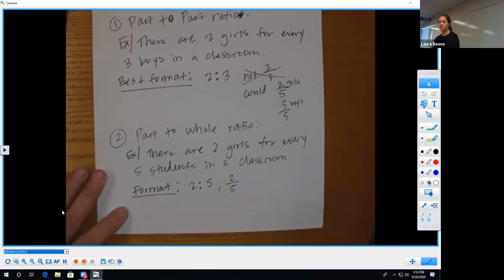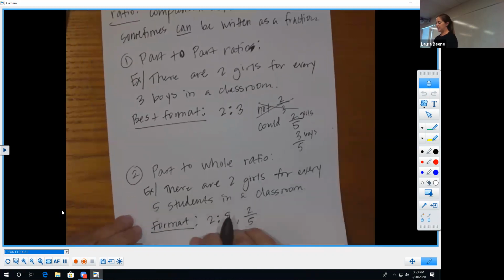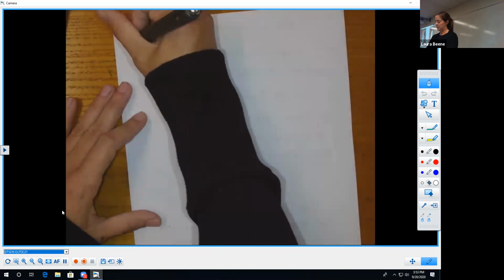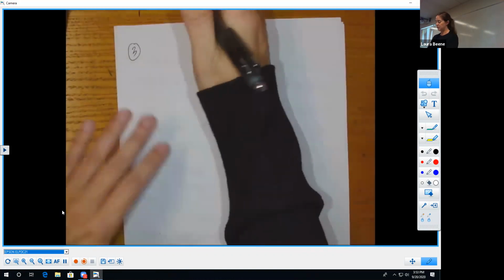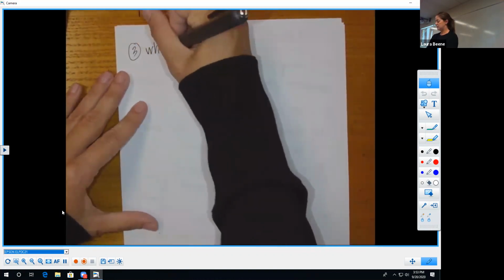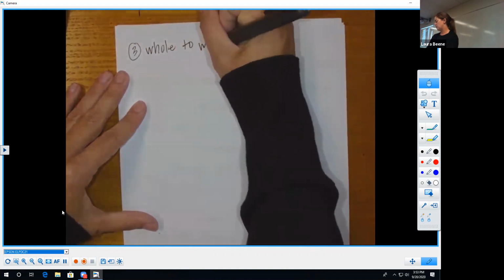Okay. The third type of ratio would be a whole-to-whole ratio. And again, if you've already read the textbook pages, you've already seen this.